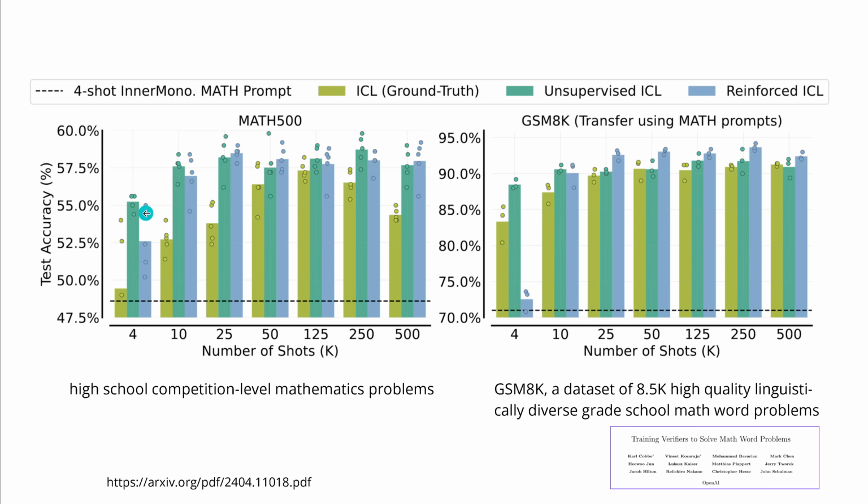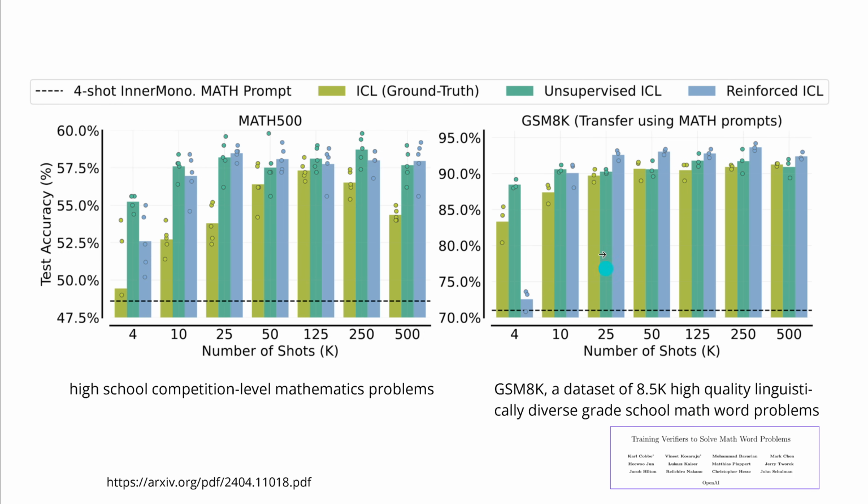Or am I just not able to find the right interpretation for this data? And you see here, even at 10 examples, our unsupervised ICL has a better performance than our reinforced ICL. Okay, we have some scatter, but interesting. Just then later you see that blue takes over. But again here, at 250, we have another very special point where unsupervised ICL is stronger. So I find this interesting.